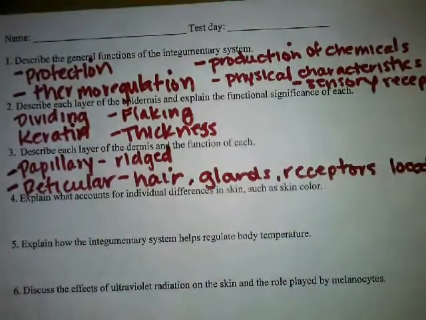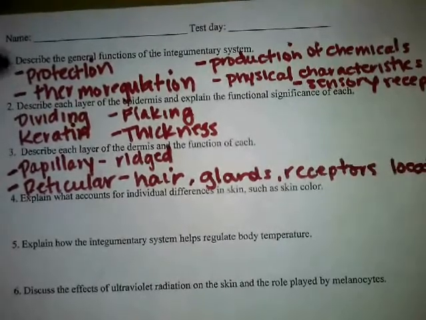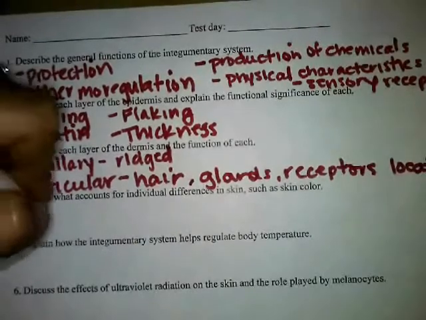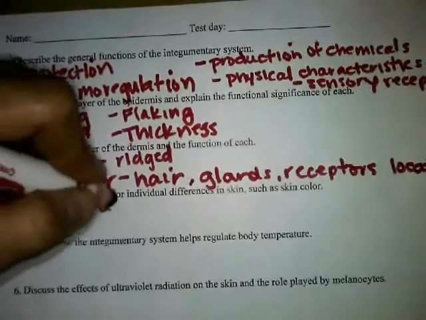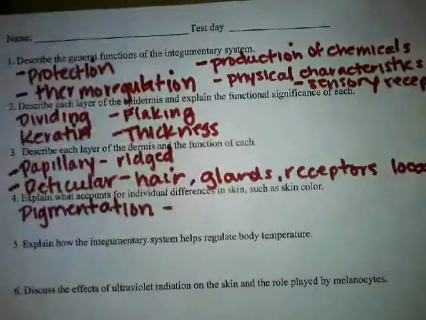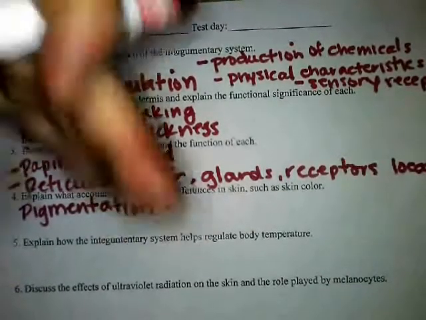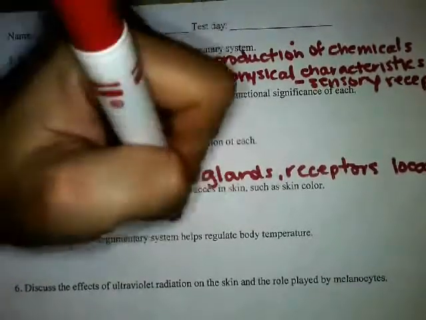Individual differences in skin or your physical characteristics come from a couple of different things. We've talked a little bit about your pigmentation, so you should be able to elaborate more on melanin and keratin, where those come from.